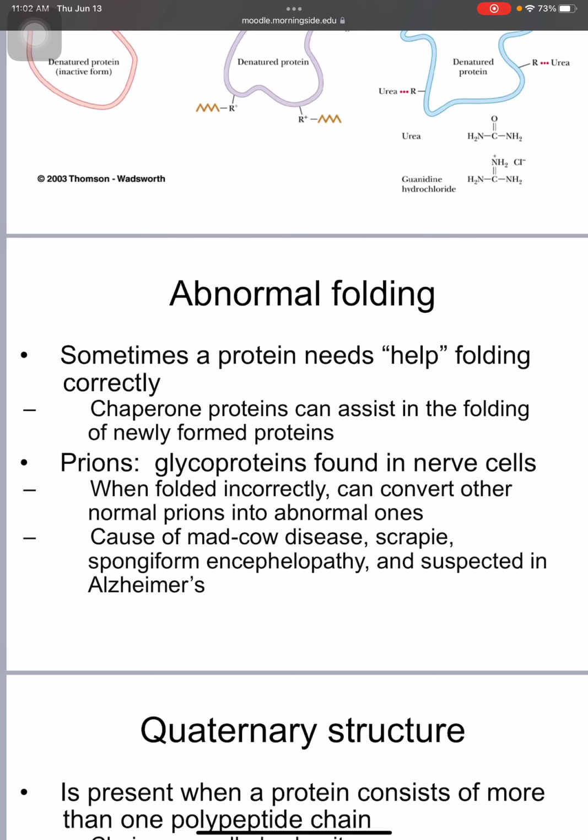There's an interesting one called Kuru, and this was actually specific to a tribe in Papua New Guinea that practiced cannibalism. So after members of their tribe would die, literally, these tribal members would eat the brains of the deceased victims.